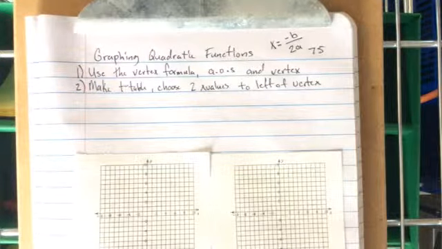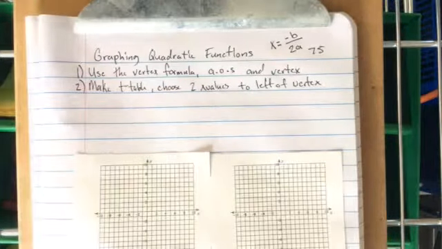So we're going to choose those two values and we're going to make a t-table. From those two x values, we're going to use the original equation.